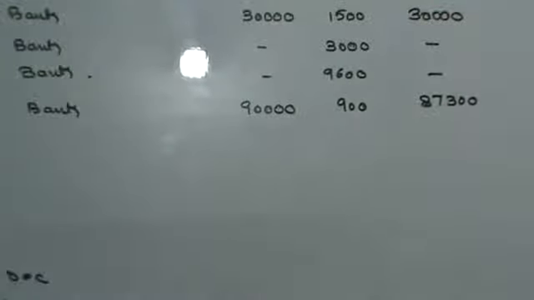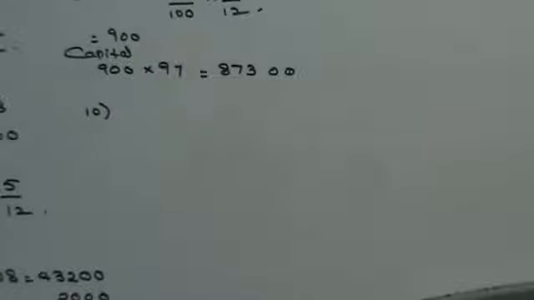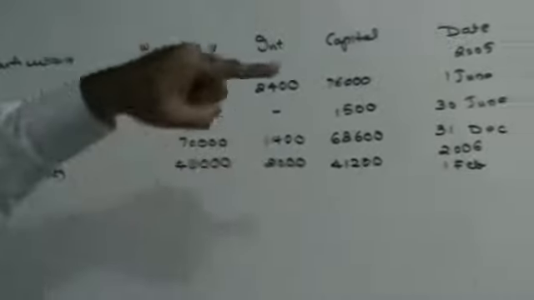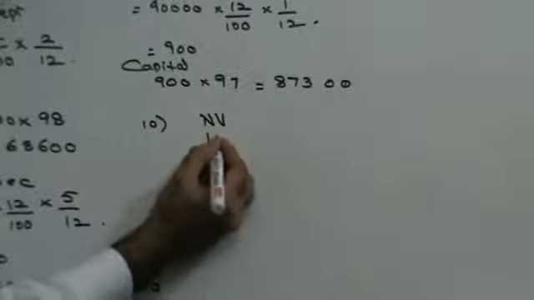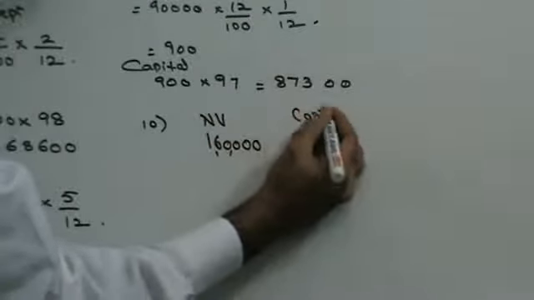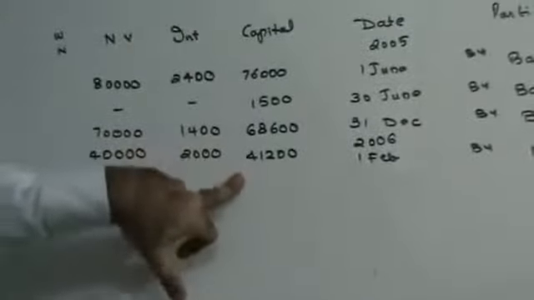Right? Now I have to consider all the transactions before the date of sale. Now guys, see this. Before the date of sale, I had purchased 190, out of which I had sold 30. Right? So that means my nominal value before the date of sale was 160. And my capital value was 76,000 plus 1,500 plus 68,600 plus 41,200 minus 30,000.